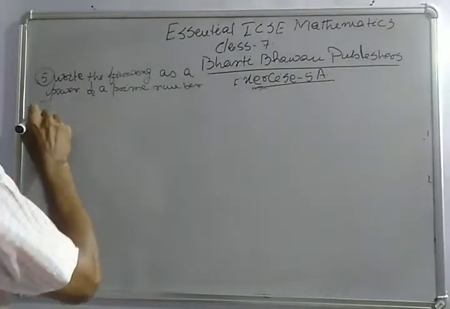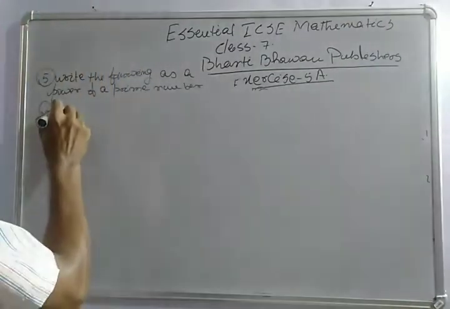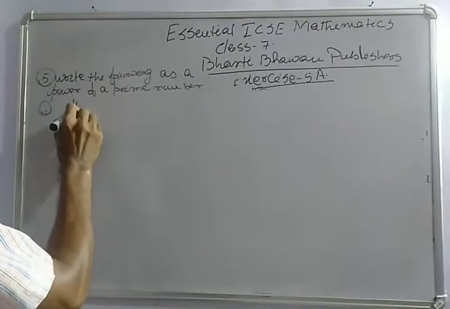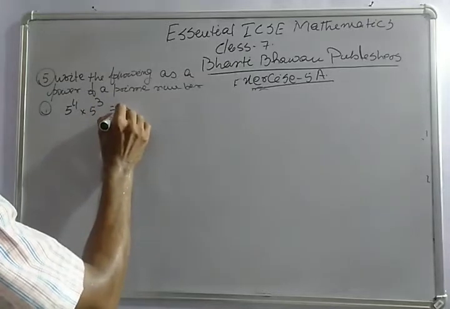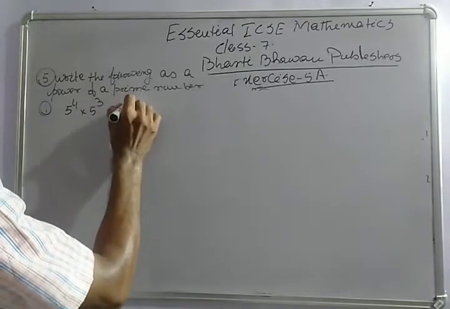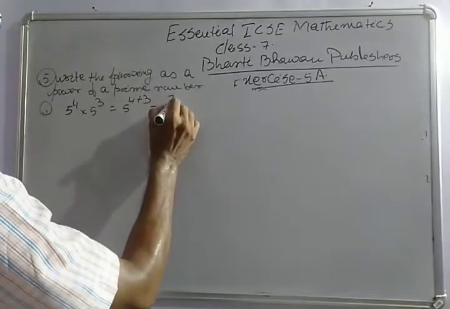Number 1: 5 to the power 4 into 5 to the power 3. Here the bases are equal. For the product of the numbers, we will add the powers. So this is equal to 5 to the power 7.